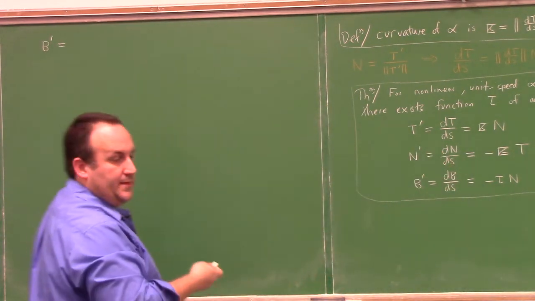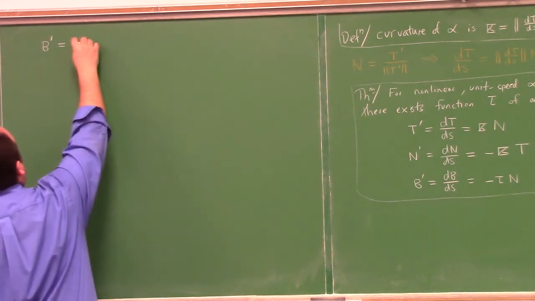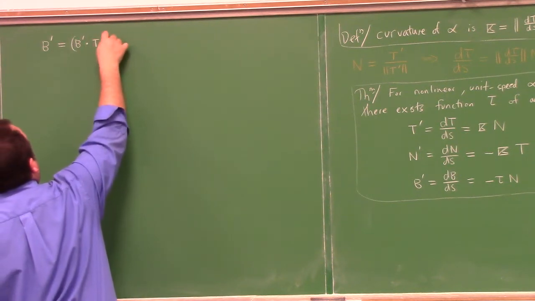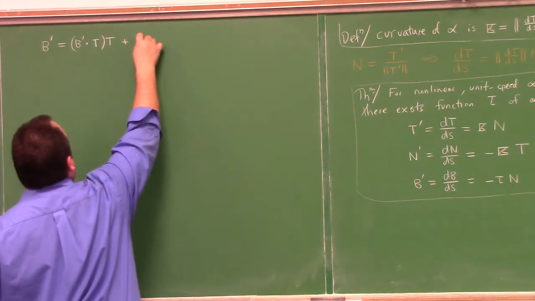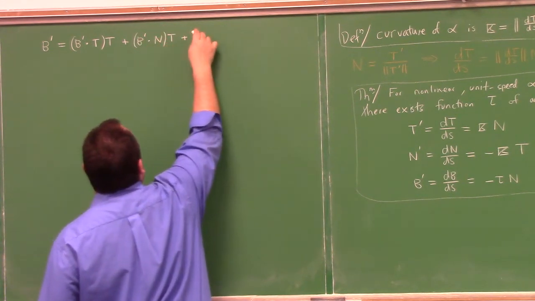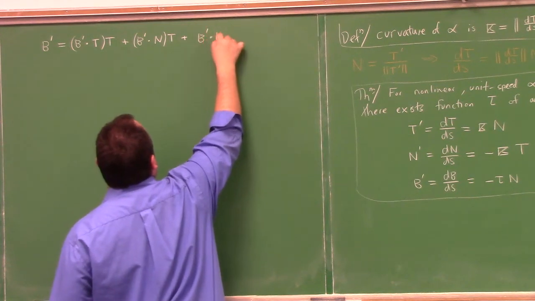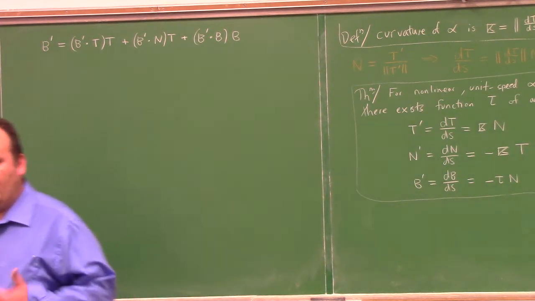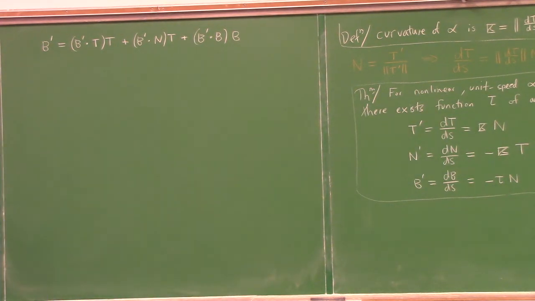But B prime, we can write as B prime dot T in the T direction plus B prime dot N in the N direction plus B prime dot B in the B direction. So what I'm doing is expanding the derivative of the binormal into its tangential, normal, and binormal components. I want to argue that both the binormal and the tangential parts are 0.